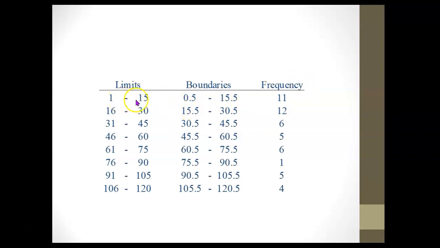So if something rounded to a 1, 2, 3, 4, 5, or 15, then before rounding it was somewhere between 0.5 and $15.5. So 15.5 was the boundary, the cutoff point between the first and second class.